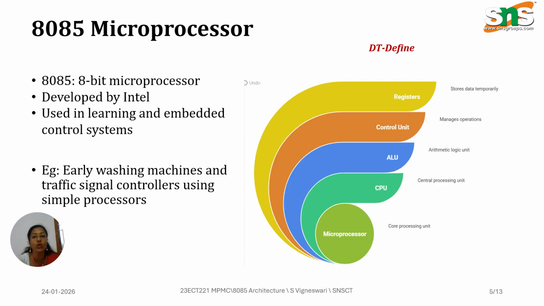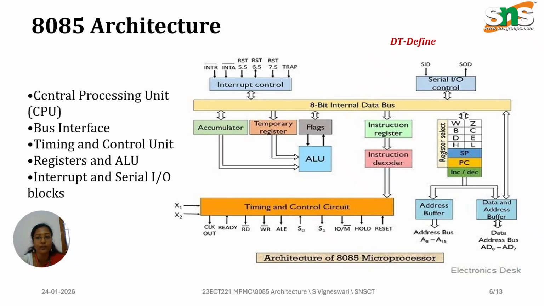The ALU always works with the accumulator. After every operation, the ALU updates the flag register which indicates the result status such as carry, zero, sign, parity and auxiliary carry. This helps the processor take decisions like branching or looping. This is how the arithmetic and logical unit functions.